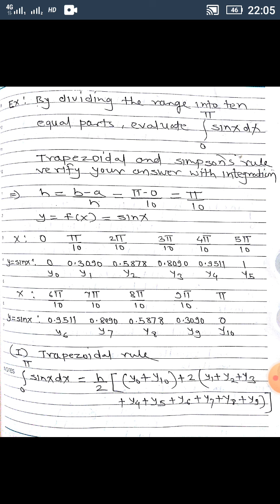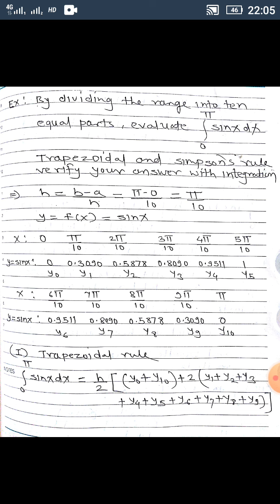Sin 3 pi by 10 is 0.8090. Sin 4 pi by 10 is 0.9511. Sin 5 pi by 10, that is sin pi by 2, is 1. Sin 6 pi by 10 is 0.9511. Sin 7 pi by 10 is 0.8090.